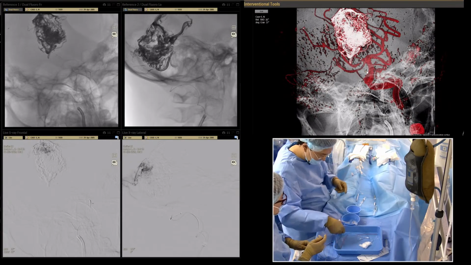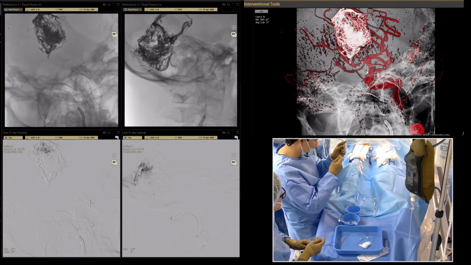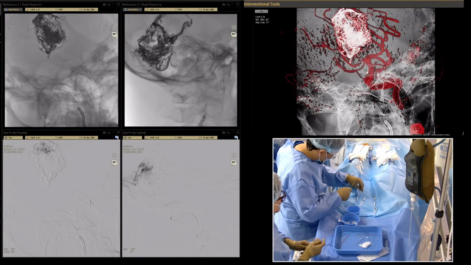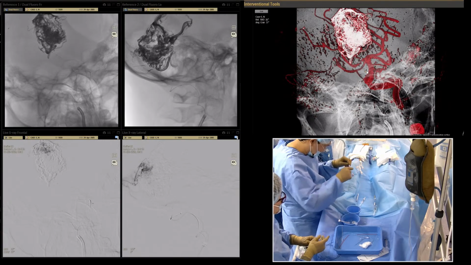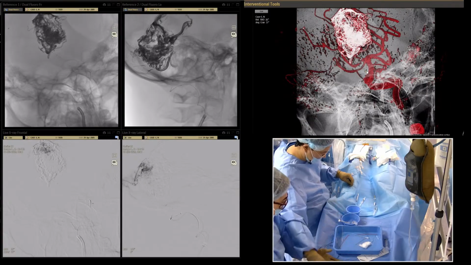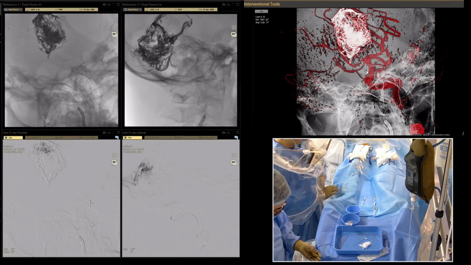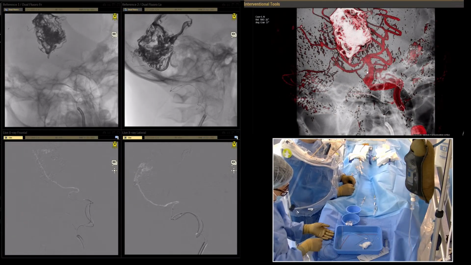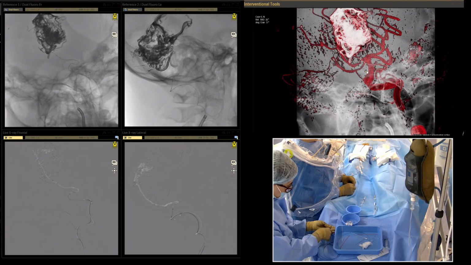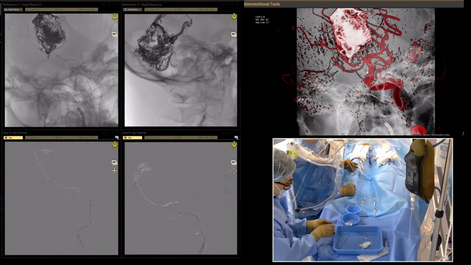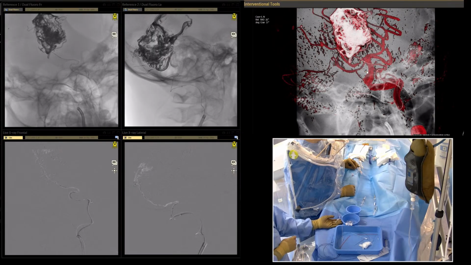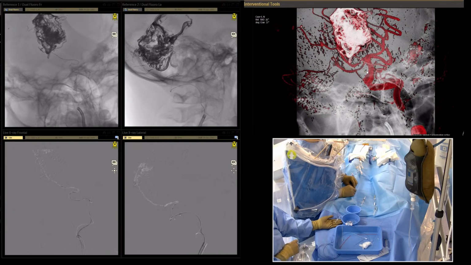Let's try to go distal. Okay, let's not go into the distal.